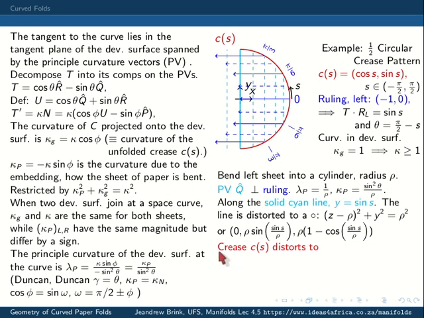So what we now have is that this thing distorts into a circle, and this crease CS also distorts. It's very easy to see how it distorts, because we already know that if this distorts into a circle, then those things are on the same circle.